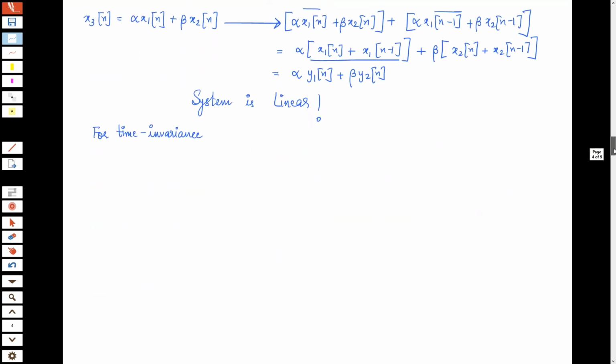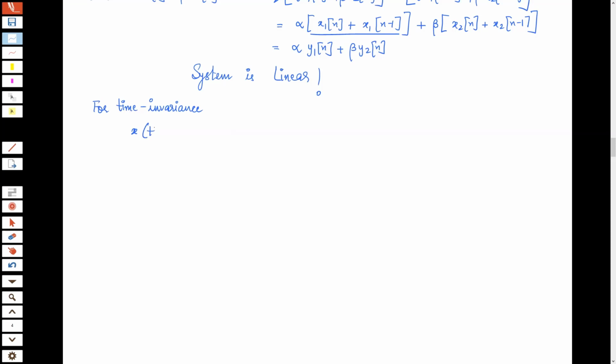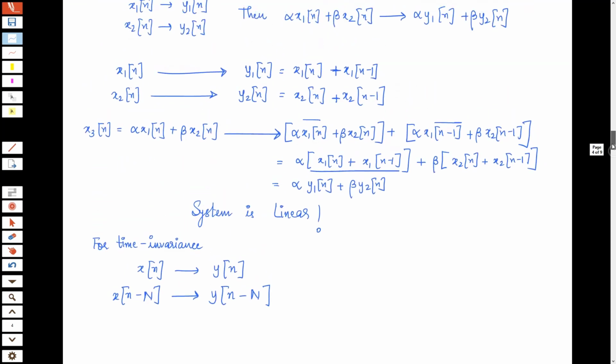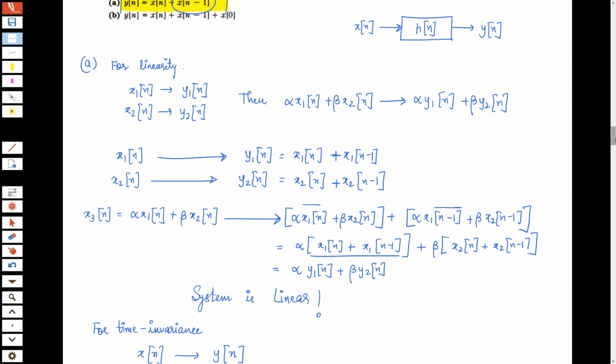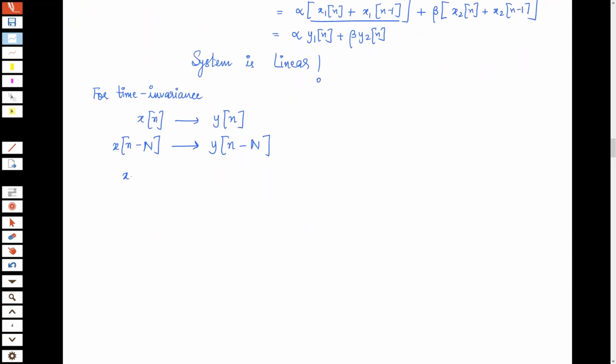Now testing for time invariance. What do you need to prove? You need to prove that if some signal x[n] results in an output y[n], then if the input is shifted by an amount capital N, the output is also shifted by capital N. So let us try and do that for part A. Let there be a signal x1[n] given as the input to this system, which gives an output y1[n], which is simply x1[n] plus x1[n-1].